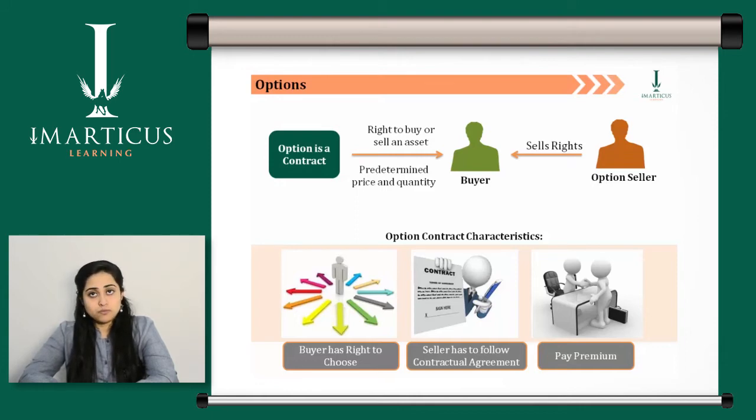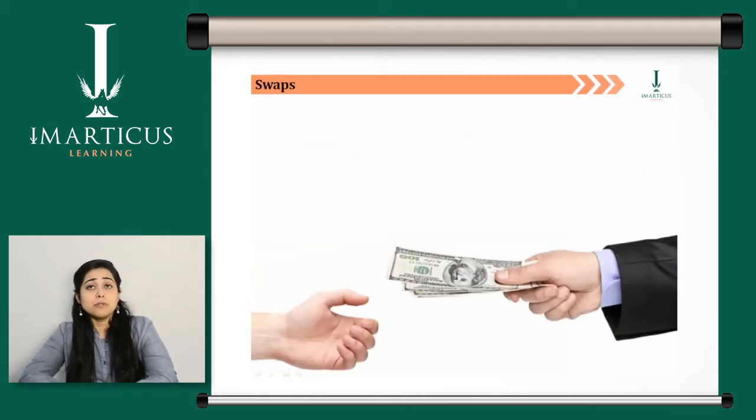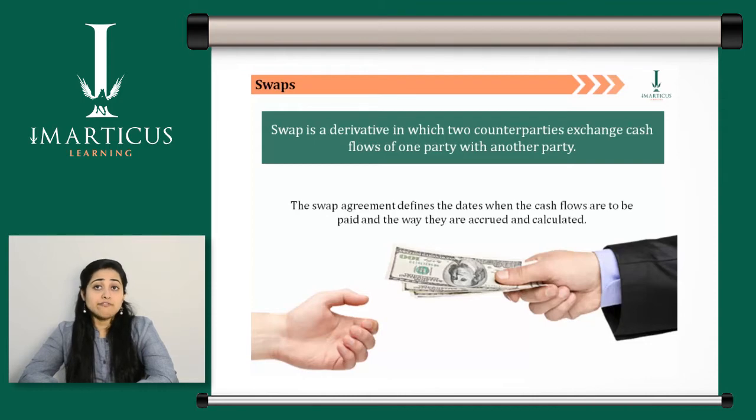Finally, we come to swaps. The exchange of cash flows on account of an investment or payment obligation is termed a swap. A swap is a derivative in which two counterparties exchange cash flows of one party with another party. The swap agreement defines the dates when the cash flows are to be paid and the way they are accrued or calculated.